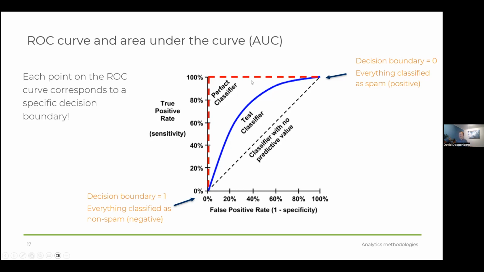So 2 important things you will always observe with these ROC curves is that they will go through 0, 0, and they will always go through 100, 100.